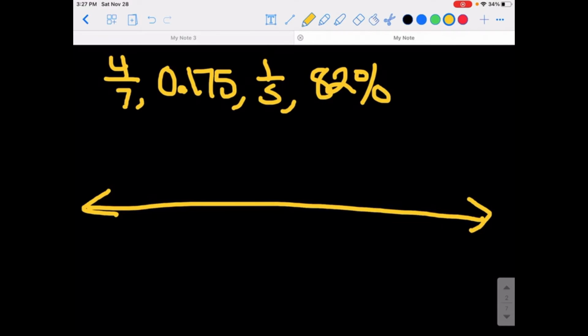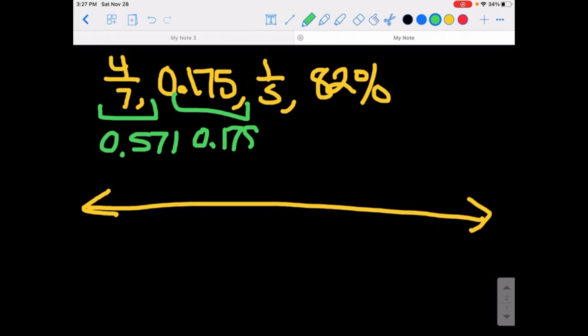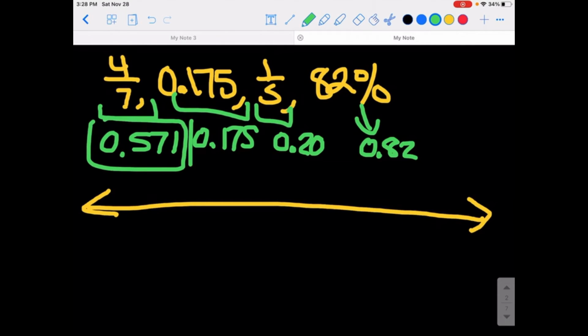So again, I think it's easier to convert everything into decimals. This one would change into 0.571, this one stays the same at 0.175, this one would change into 0.20, and this one would change into 0.82. Now I know the ones I'm working with.